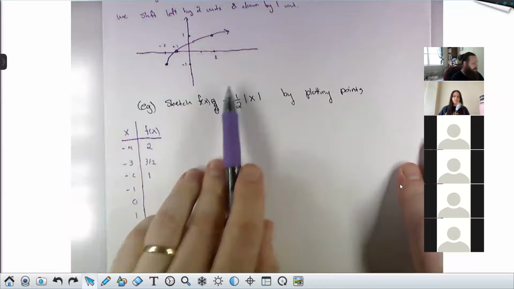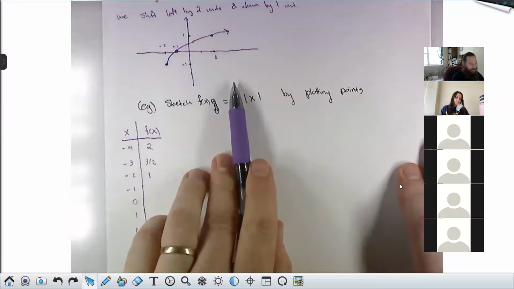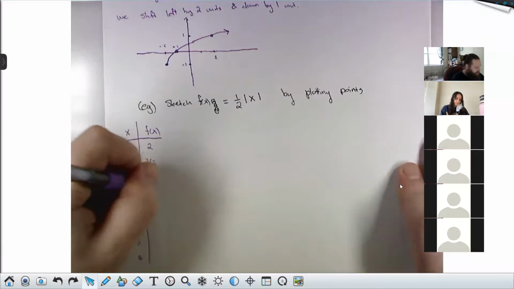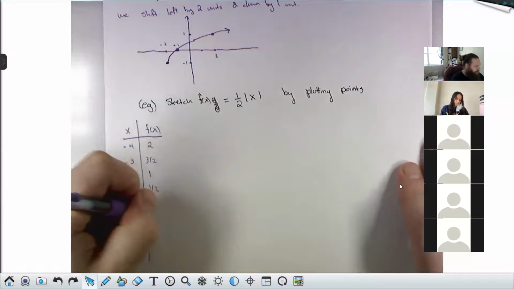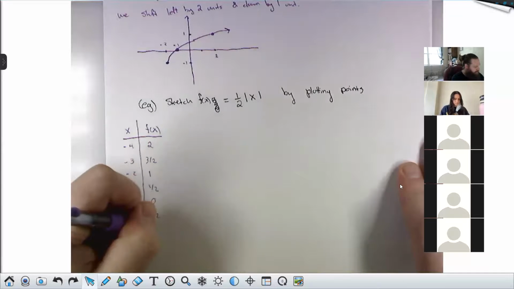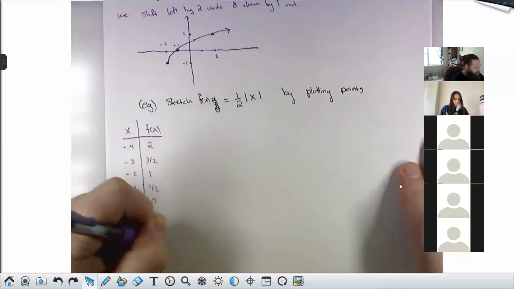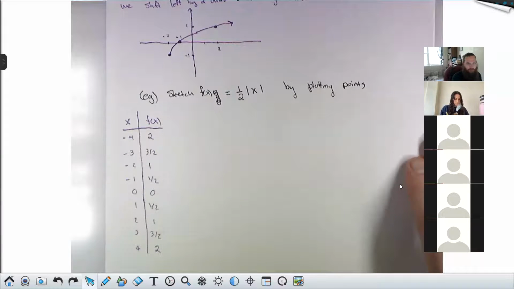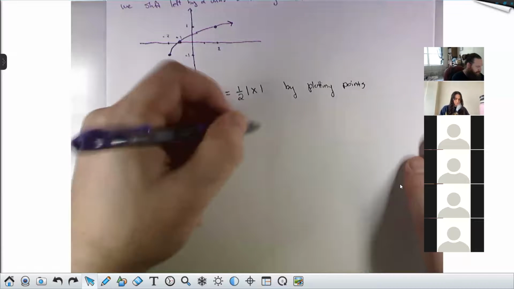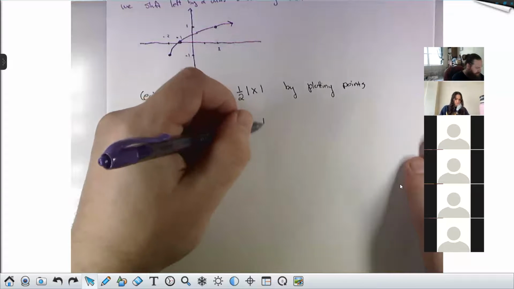If I plug in -1, I get absolute value -1 is 1 times 1/2 is +1/2. 0 gives me 1/2 times 0. And then there's symmetry here. 1/2, 1, 3/2, and 2. So we've got some fractions now, but that's okay. It's not going to hurt us.